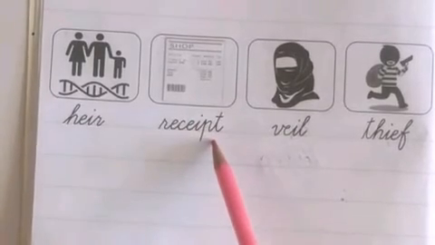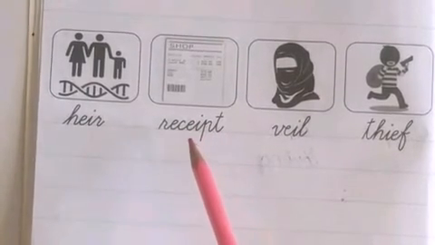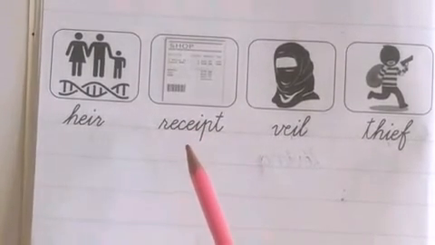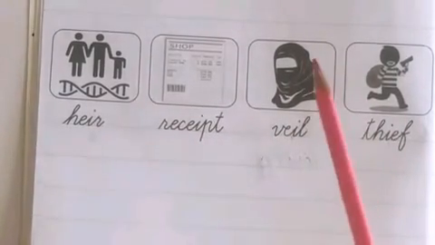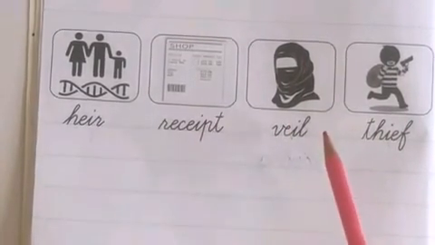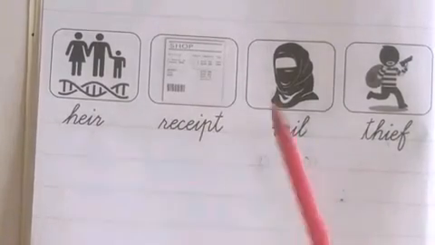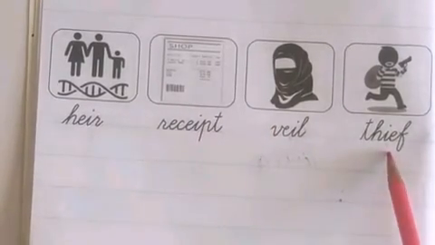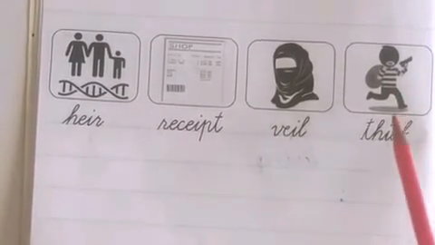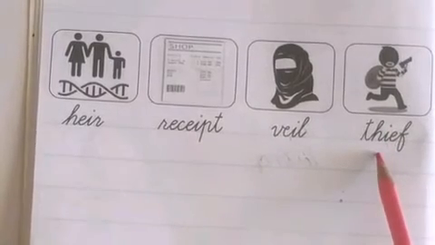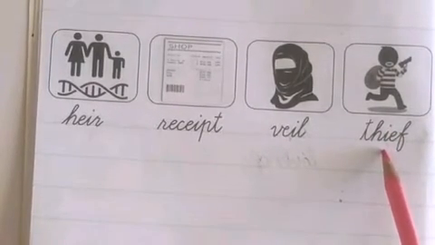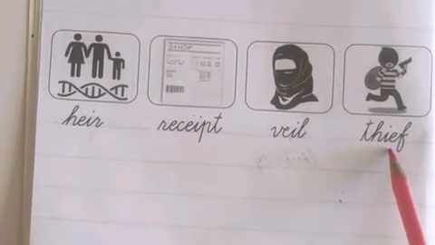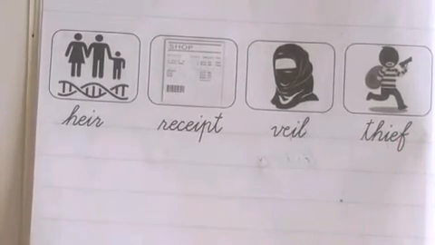P is silent here: he got a receipt after buying medicine. The next one is veil, as you can see in the picture: she used to wear a veil. The next one is thief, the picture shows a thief, and we can use it in a sentence like this: the thief steals money. Is that clear? Okay, let's write them.